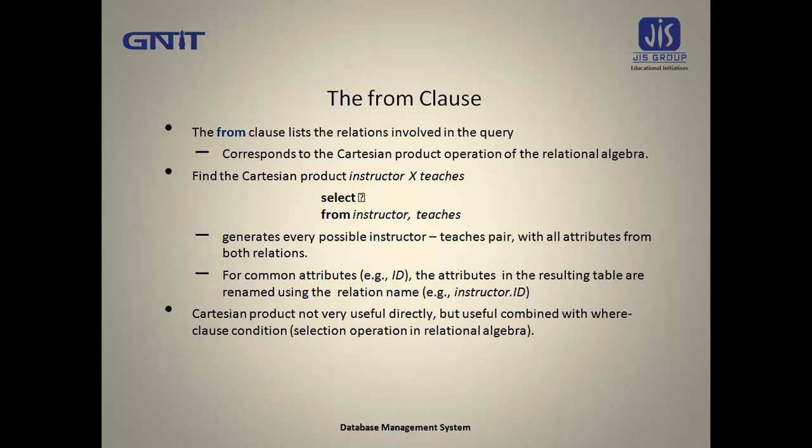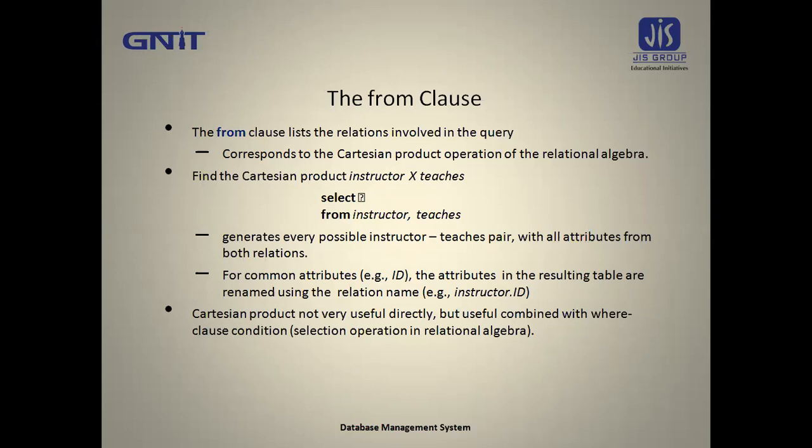Next is the from clause. From clause is equivalent to the Cartesian product that we have studied in relational algebra. So it lists the relations involved in the query. Like if you want the Cartesian product, I guess you remember what the Cartesian product is. If you write find the Cartesian product instructor cross teachers, then you can write select star from instructor.